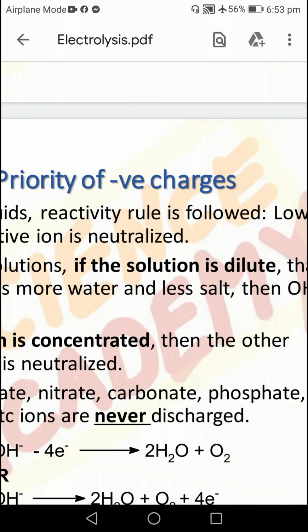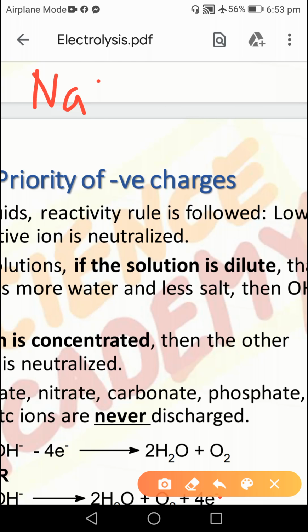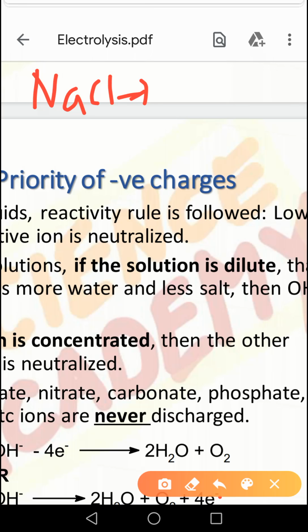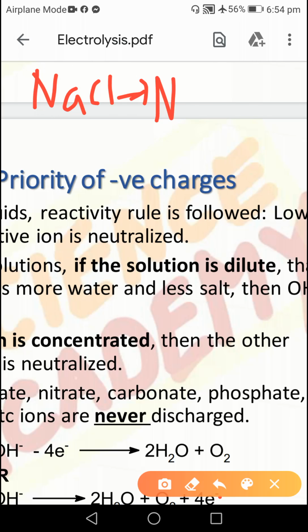For example, if you are dissolving a very small amount of food salt, or what you call the testing salt, in water, then you get Na plus and you get Cl minus.